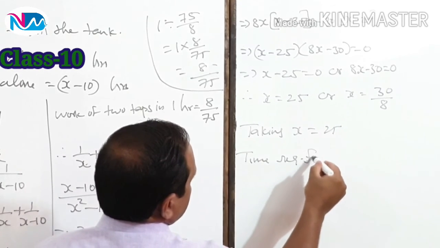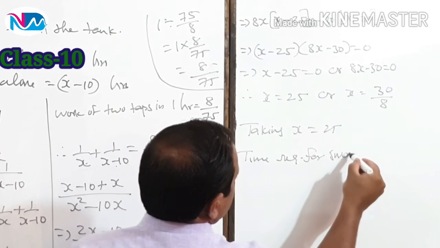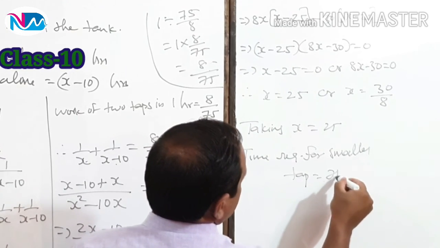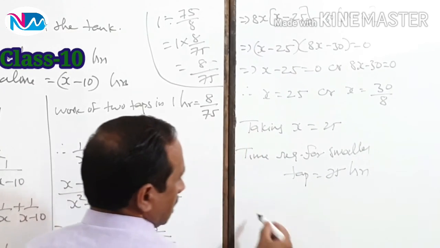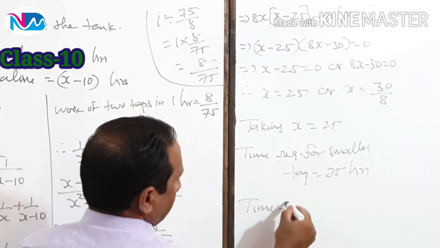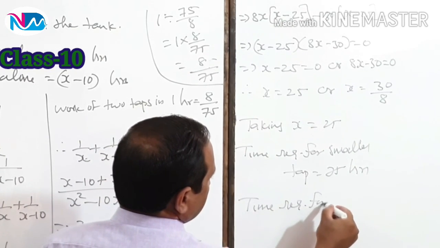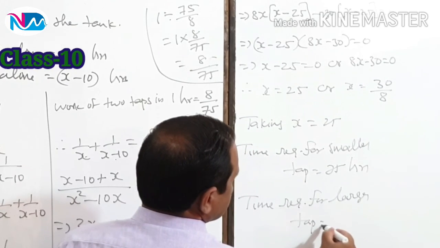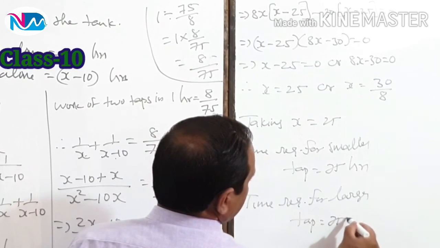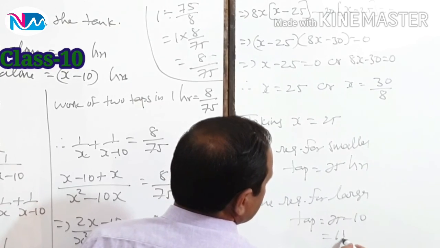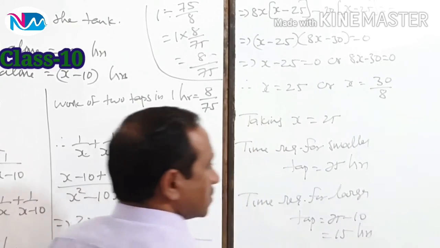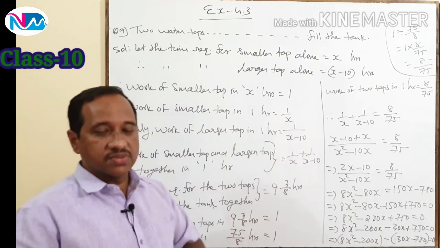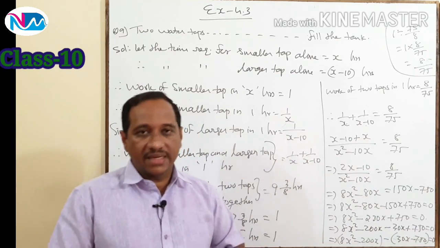The time required for the smaller tap is equal to 25 hours, and the time required for the larger tap is equal to 25 minus 10, that is equal to 15 hours. So we are getting the time required for the two taps alone to fill the tank separately.